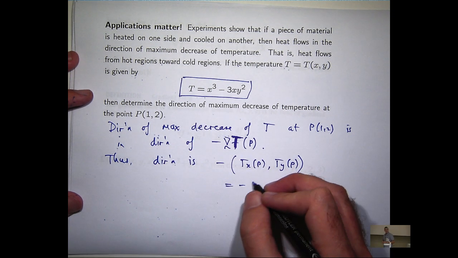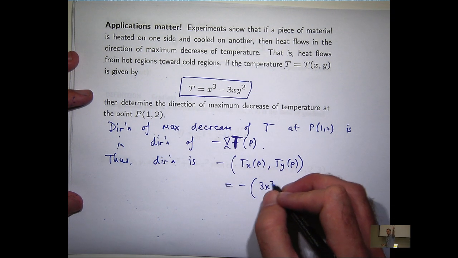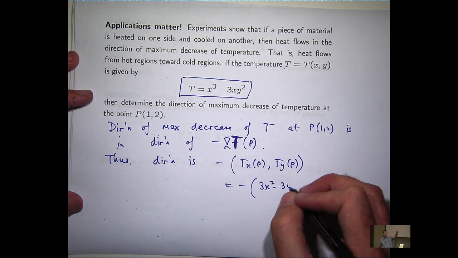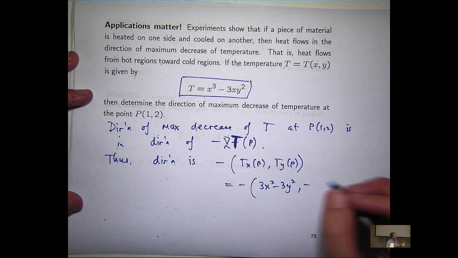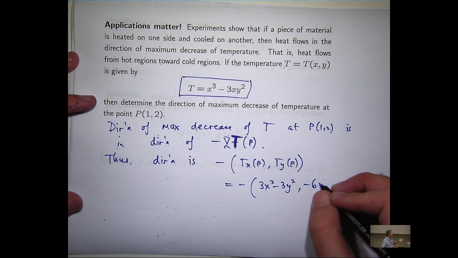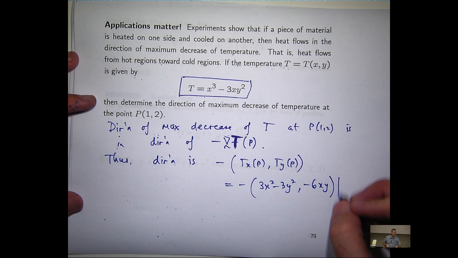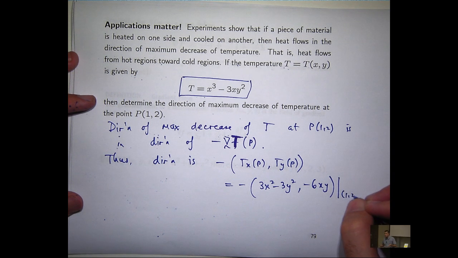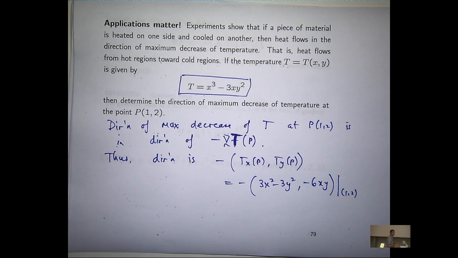We're going to get 3x squared minus 3y squared minus 6xy at (1, 2). Is that looking good? Yeah? Have I done those derivatives properly?